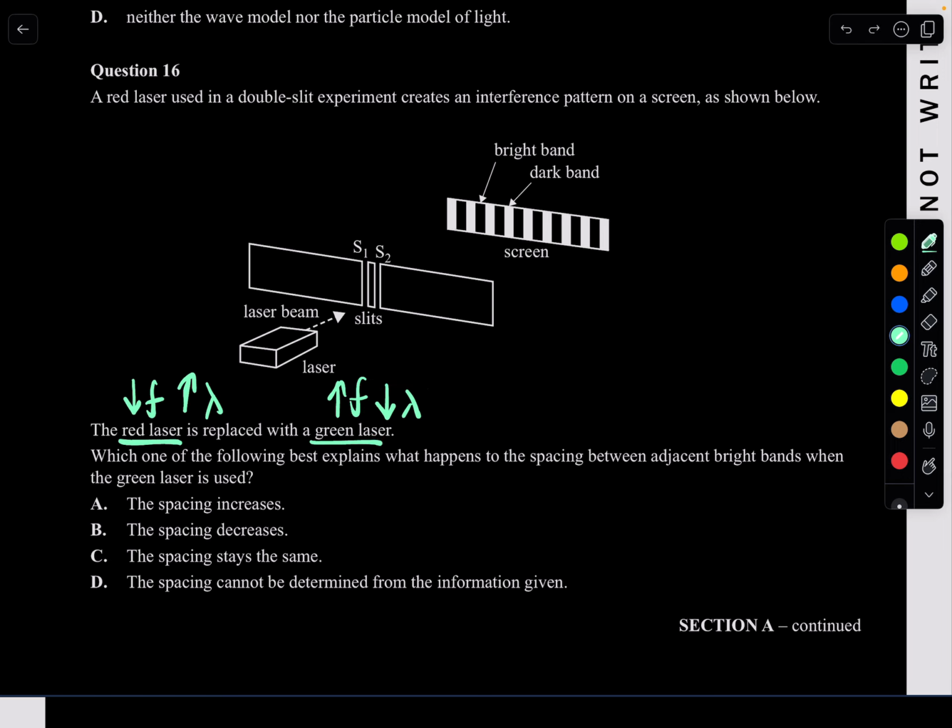Which of the following best explains what happens to the spacing between the adjacent bright bands when the green light is used? Easy. The formula that should come up in your mind is that the change in x, the spacing, is equal to this, where we've decreased the wavelength. If we decrease the wavelength, it will decrease the spacing between those bright bands, and hence B is your answer. One of the easiest and nicest questions to get marks for.